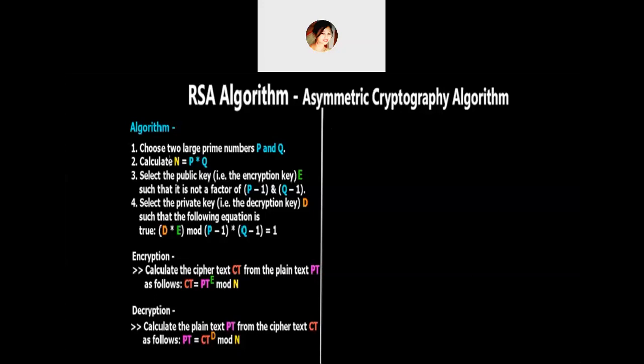We have many types of numbers; mainly we have prime numbers and composite numbers. So what is a prime number? You have to know the meaning of a prime number.